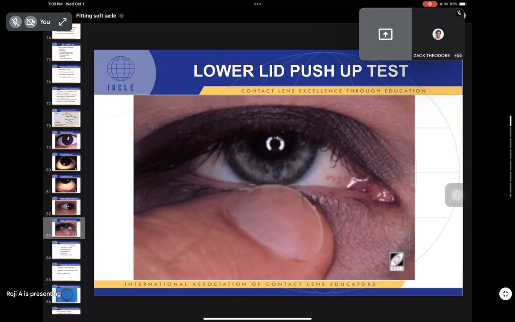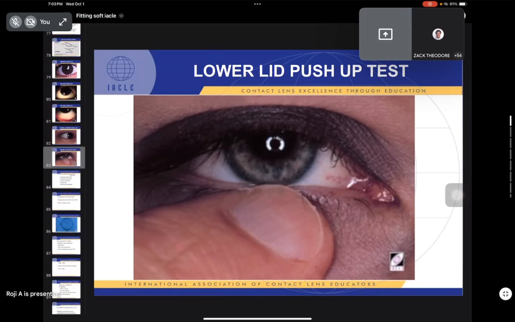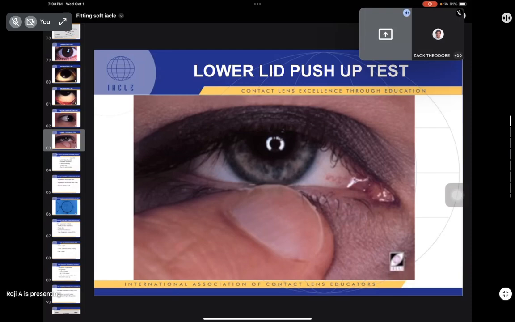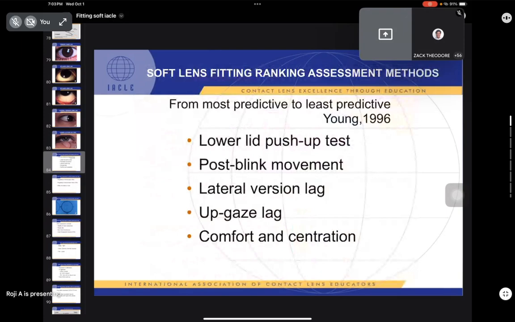Correct? So far, so good. Yes, Doc. All right. There is also this ranking assessment method, the lower lid push-up test, which I have shown you, the post-blink movement.